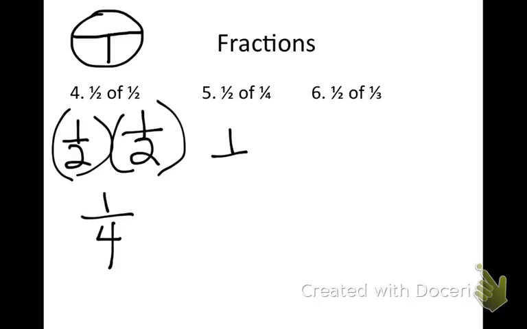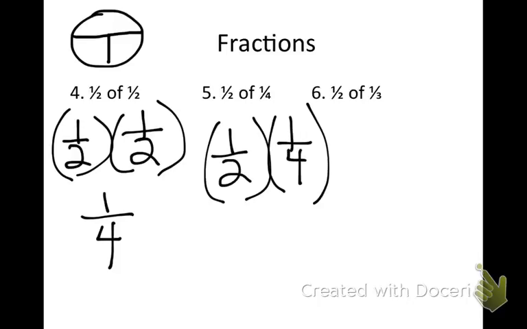I now want 1/2 of that 1/4 of my pizza. Here's my pizza. I have 1/4 of my pizza. Break that into halves. I can demonstrate that by breaking the whole pizza into those. Now I have 8 pieces, but I only get 1 of those, so I have 1/8 of the pizza.